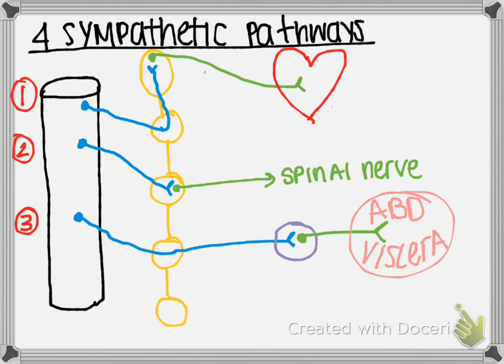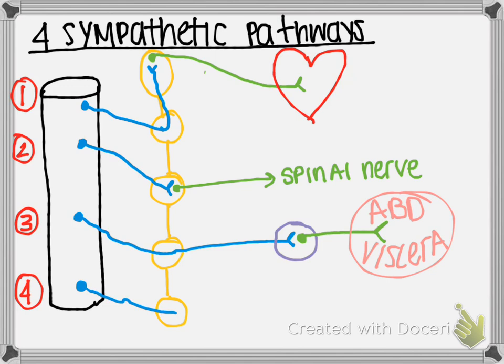Okay, so our fourth and final pathway is going to be the adrenal medulla pathway, and this is somewhat similar to the splanchnic nerve pathway, but it's slightly different. So again, we have the cell body of our preganglionic neuron coming off of the spinal cord, and it travels to the paravertebral trunk.